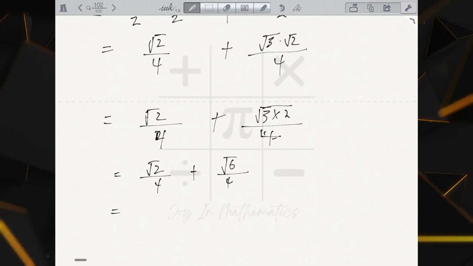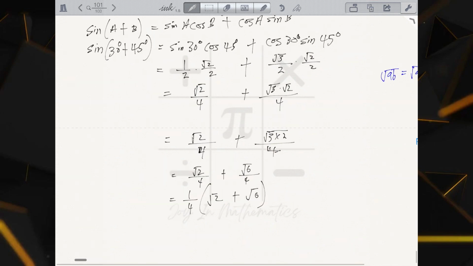Factorizing with 1 over 4, we have 1 over 4 times root 2 plus root 6. So this is an expression for sine 75 degrees, which is equivalent to sine of 30 degrees plus 45 degrees.